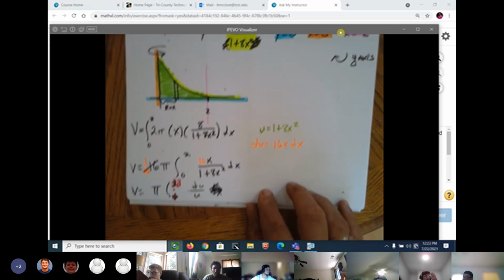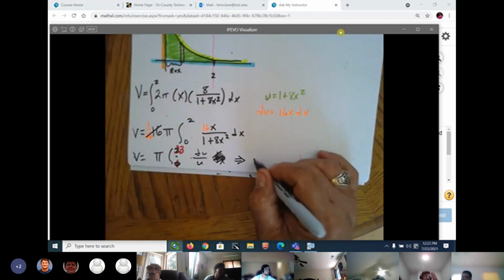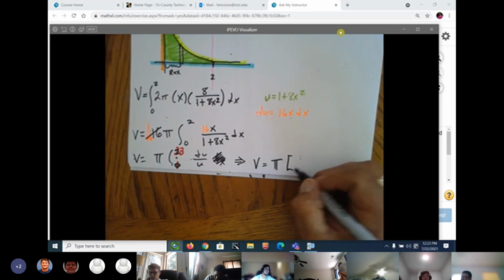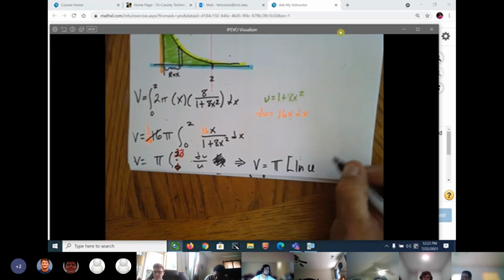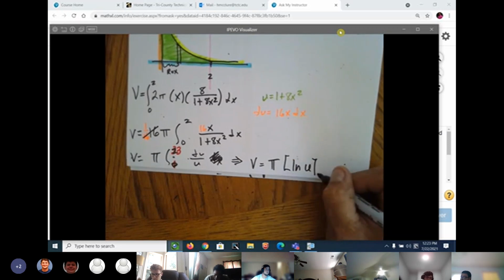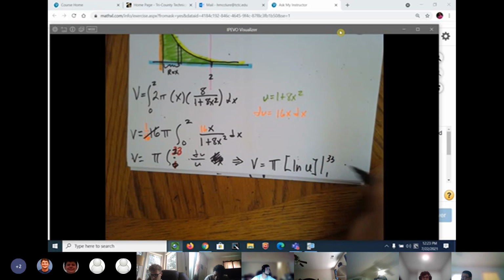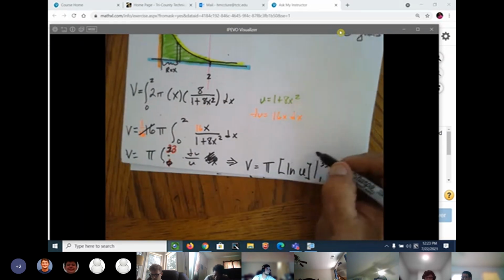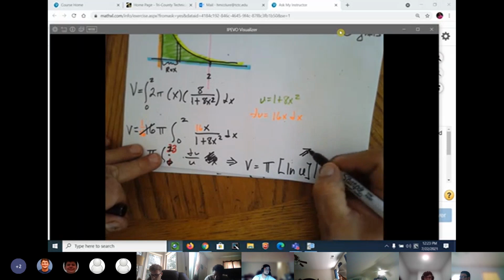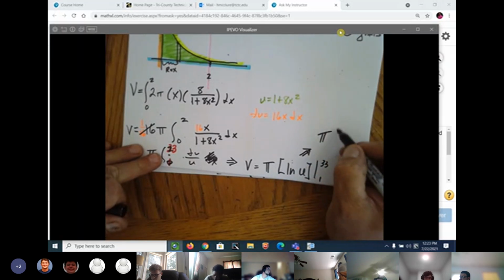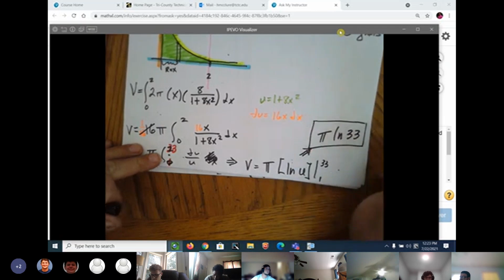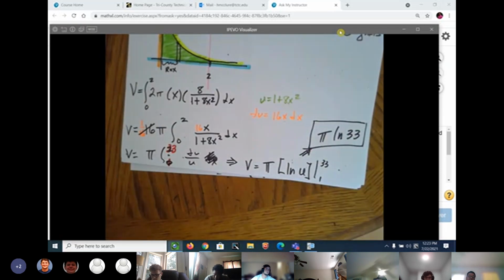So this volume is equal to pi times natural log of u evaluated at 1 and 33. And basically that's going to give you the answer, which is pi times the natural log of 33. And that's your answer.